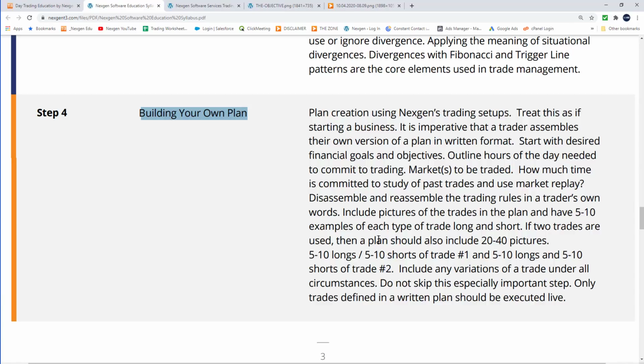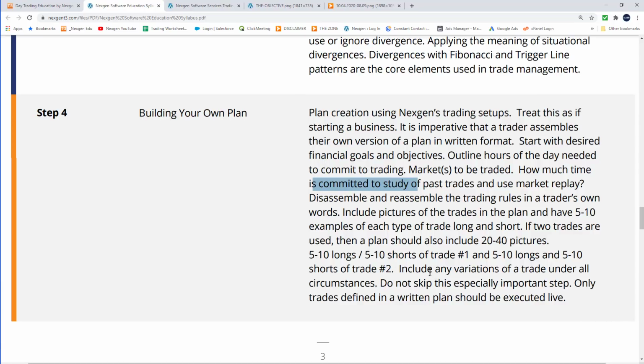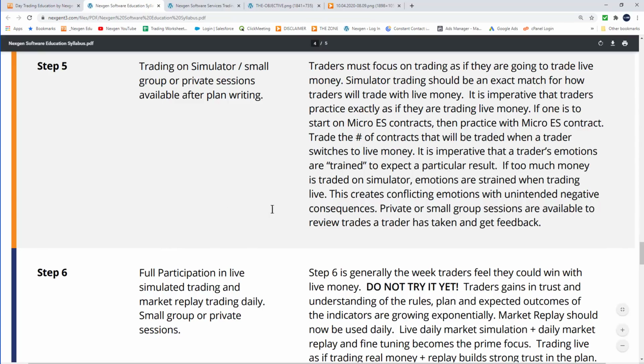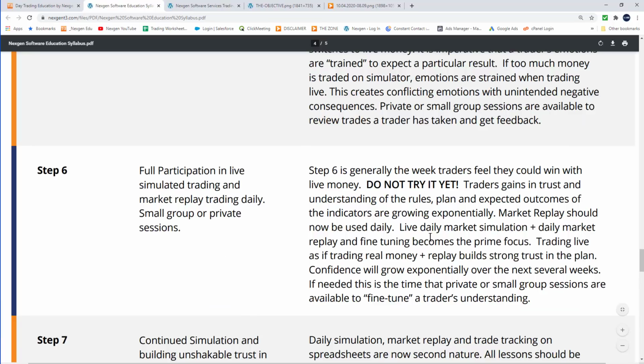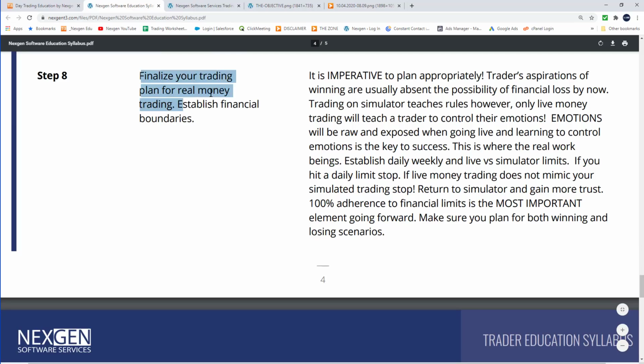And ultimately, you have to go in at some point and rewrite it and create your own plan, your financial goals and objectives, what hours of the day you are going to trade, how much time you need, what trades you are going to take. And then, again, trading on simulator, participating in the class, finalizing your plan for trading real money.